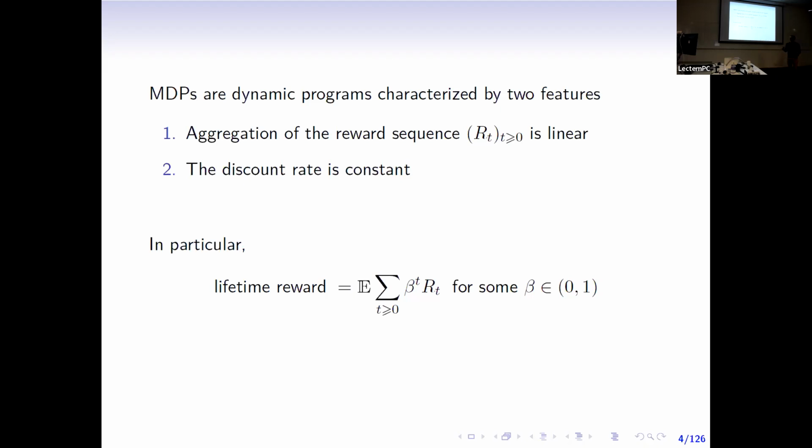However, when we think about dynamic programming, we have to remember that we're not trying to maximize period rewards. We're trying to maximize lifetime rewards. That's our objective function, the thing we care about. So we need some way of aggregating this flow of period rewards into lifetime rewards.